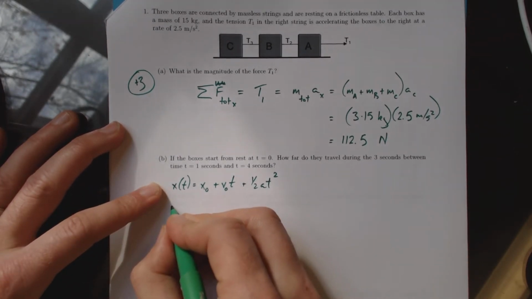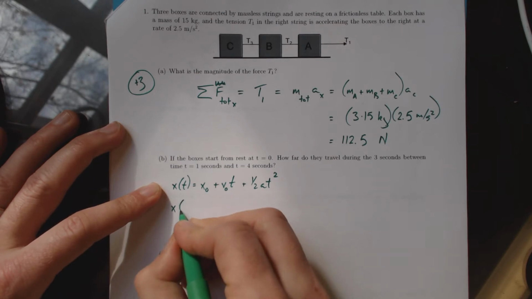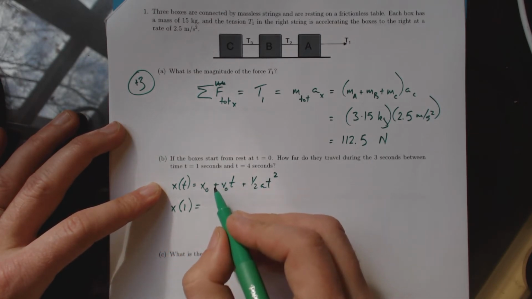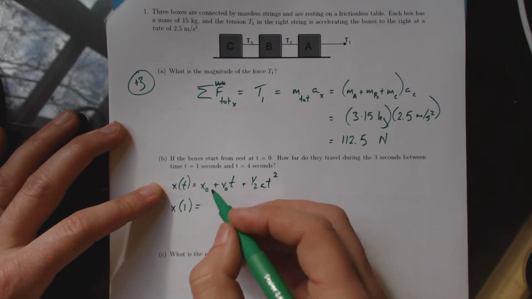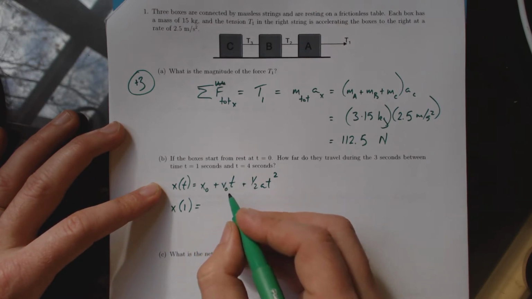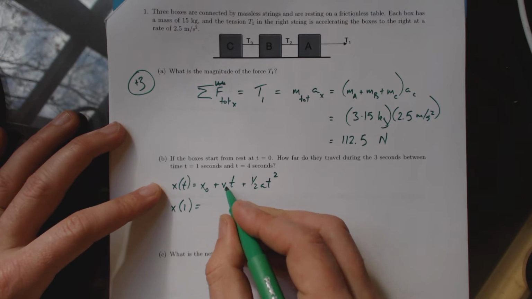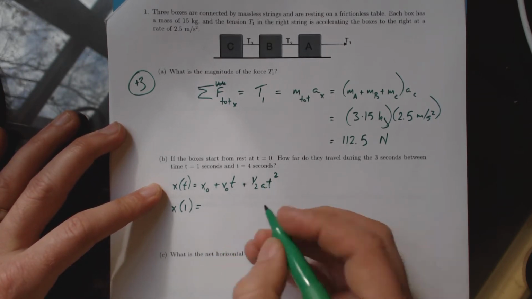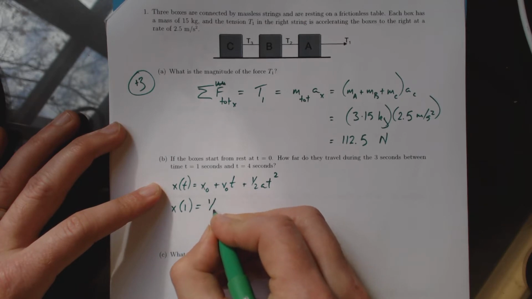And I'd say at t equals 1 second, that's going to be equal to my starting position, which I'm going to define to be 0, plus my starting velocity times time, which I'm going to define to be 0 also. And so I'm really just left with 1/2 at squared.